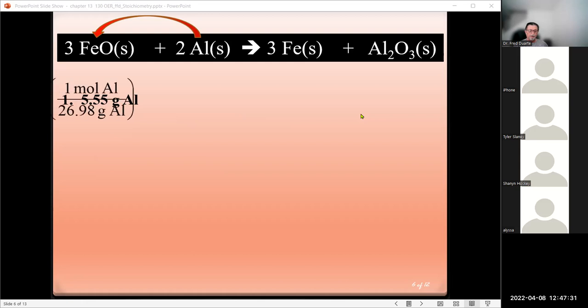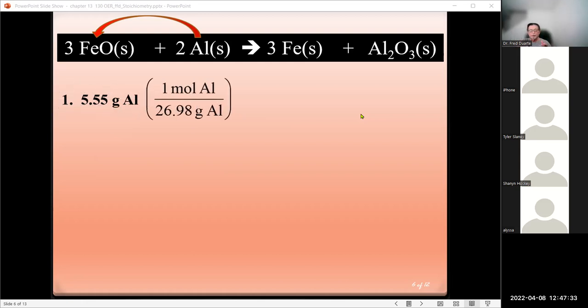Since we're starting off with grams of aluminum, remember, we need to get into moles. We cannot do anything without first converting to moles. So we need the atomic weight of aluminum, which is 26.98 grams. That first conversion factor will get us from grams of aluminum to guess what? Moles of aluminum.